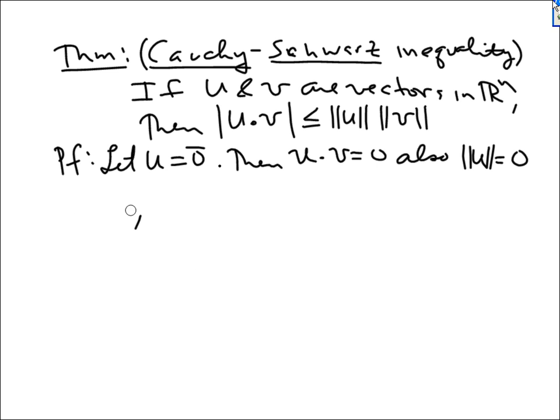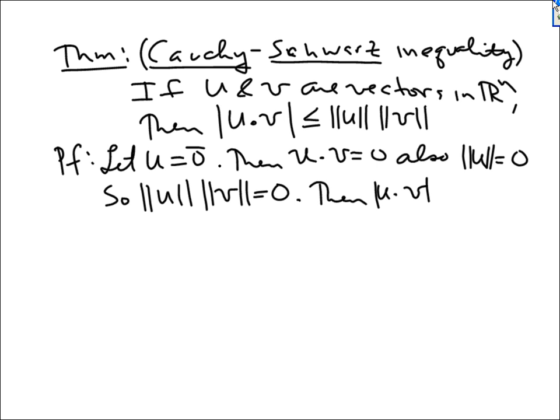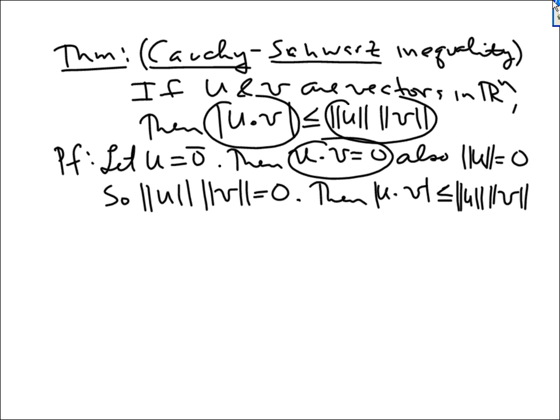And then multiplied by the length of V, it's also going to be 0. So the length of U, which is 0, times the length of V, which may or may not be 0, is 0. And then the absolute value of U dot V, which is 0, is certainly less than or equal to the right side, which is 0 as well. This is 0, and this is 0, and yes, 0 is less than or equal to 0.